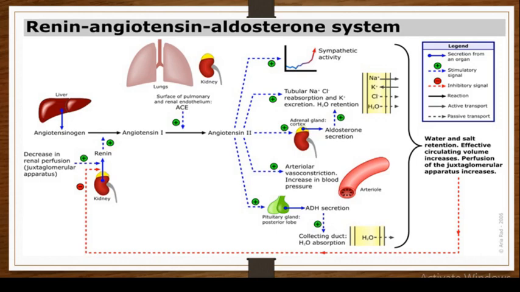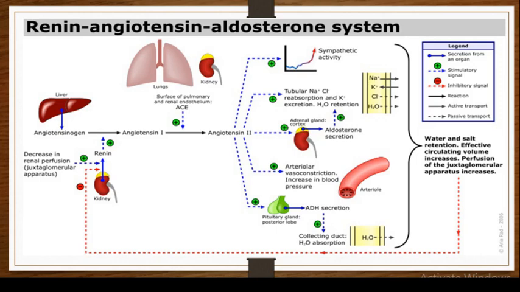In response to elevated sodium, the macula densa cells will trigger constriction of the afferent arterioles and reduce the flow of blood to the glomerulus, and the glomerular filtration rate will also come down. Now, the juxtaglomerular cells come in again.